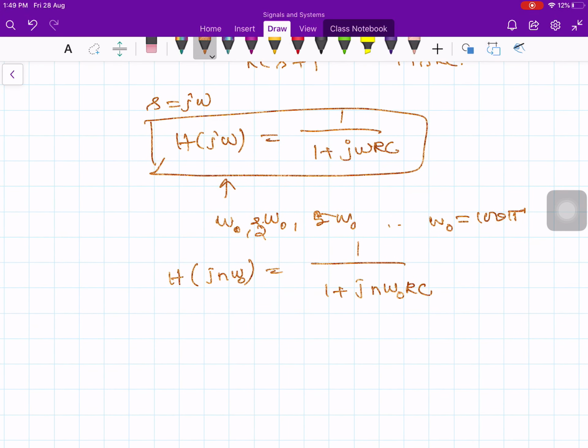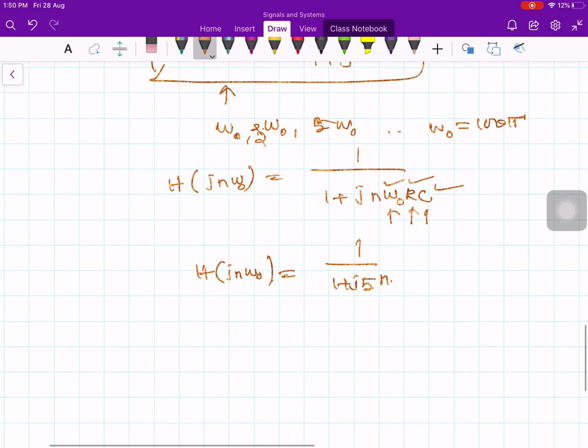Now substitute the omega naught, R and C values, which are given. If you substitute all the values, it becomes 1 plus j times phi n. So this is my H of j n omega naught. In particular, we are interested only in the amplitudes of the harmonics.